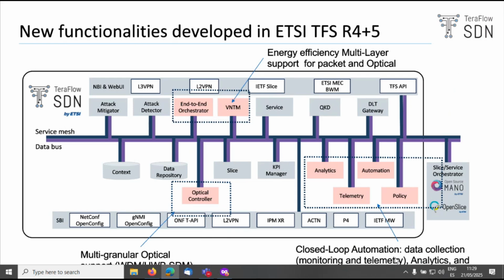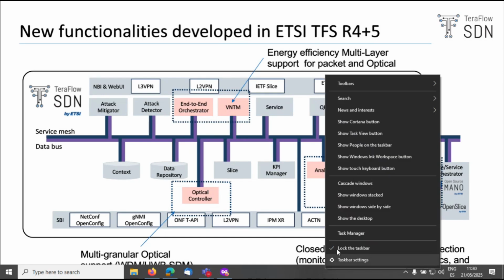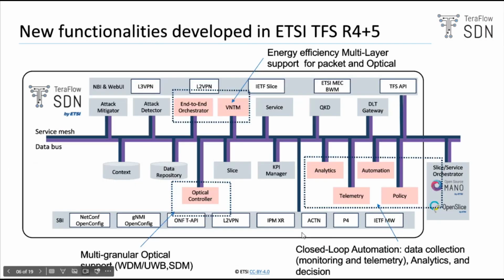How are we doing this? With different functionalities that we have been developing in TeraFlowSDN with releases 4 and 5. We see the multi-granular optical support that has been implemented in the optical controller.